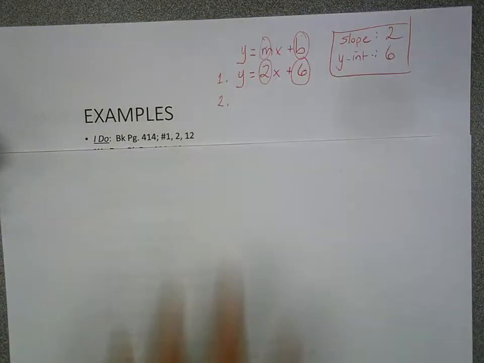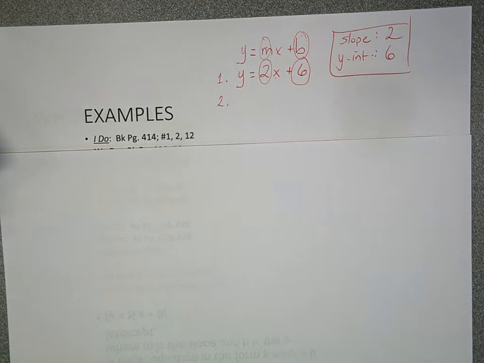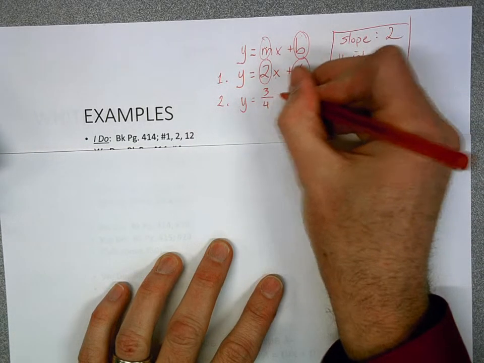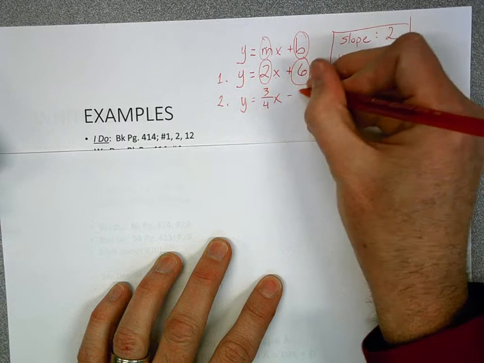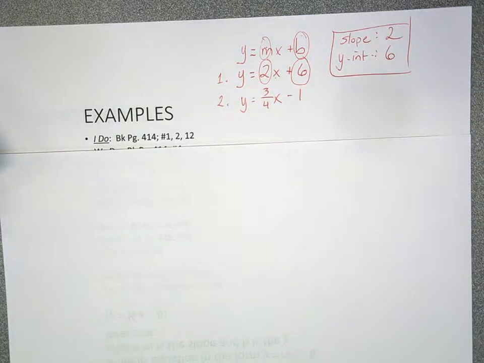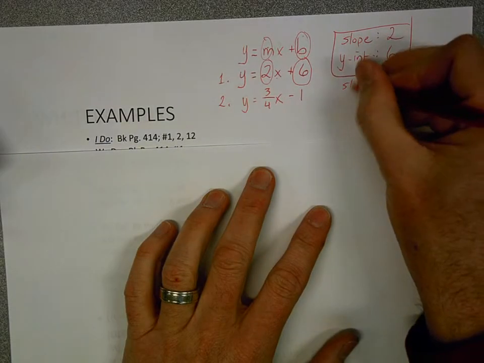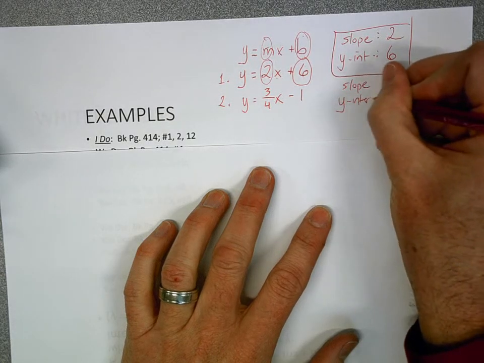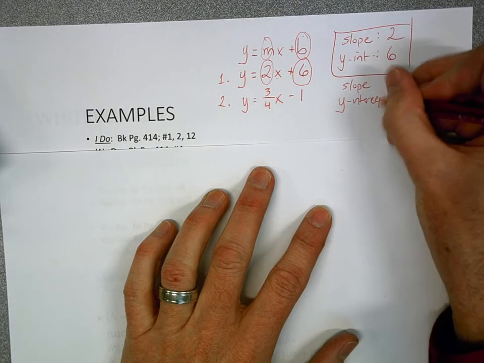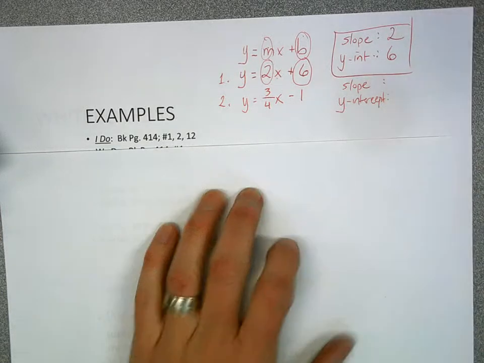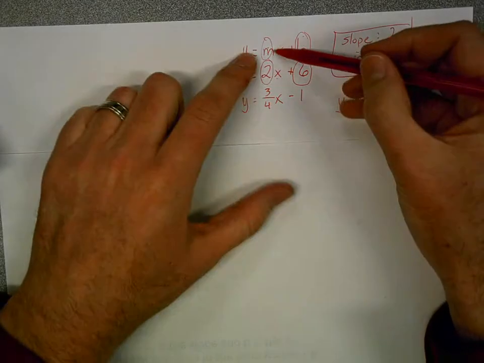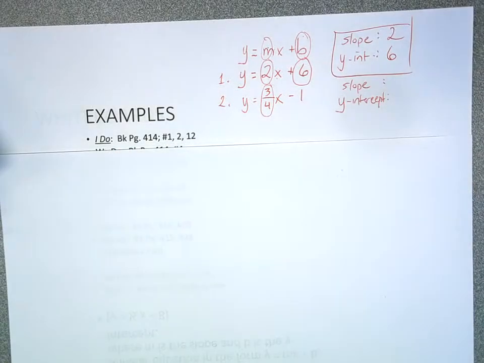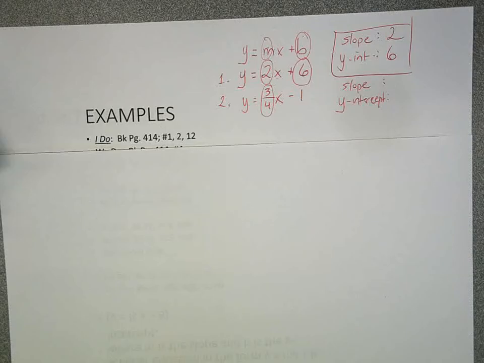Problem number 2. Y is equal to 3/4 x minus 1. So, again, slope, y-intercept. We'll write it out this time. So, here we go. My coefficient in front of the x is my slope.